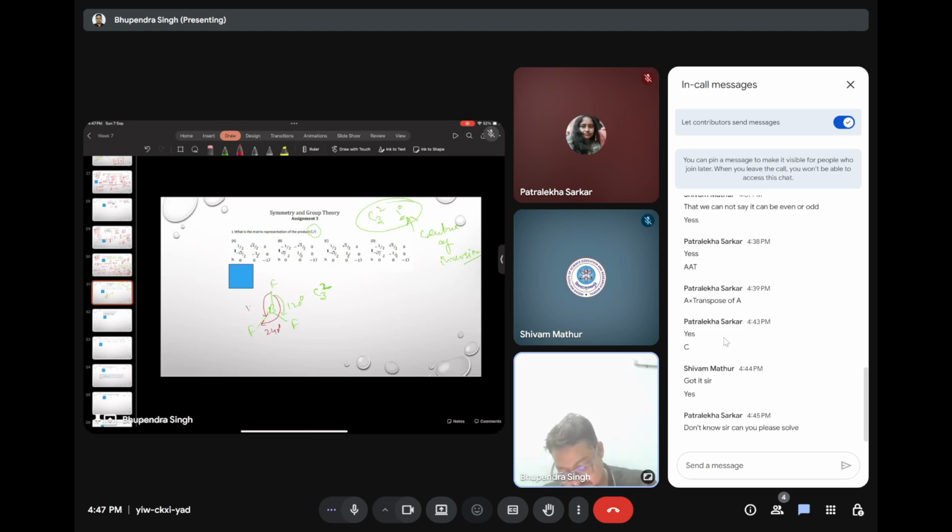This is 120 anti-clockwise, and this is clockwise. What is the matrix representation of the product of this and this?